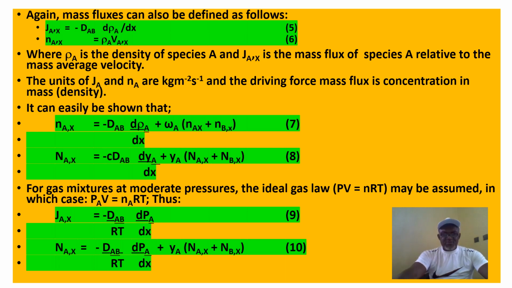Then if we bring up the ideal gas equation, then equations will now change to 9 and 10. That is in terms of our JAX and NAX, the mass flux and the mass flux with fixed coordinates, equation 9 and 10 respectively. We've decided not to bug you with so many of the equations.